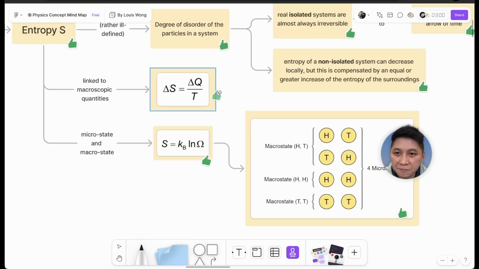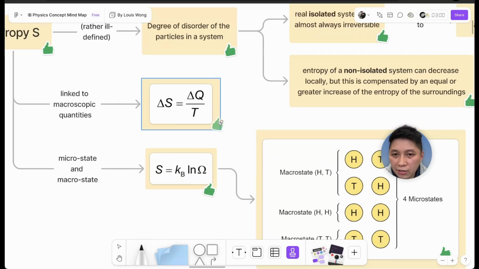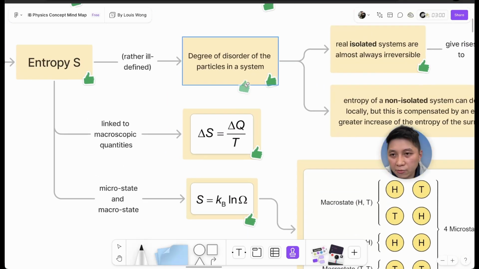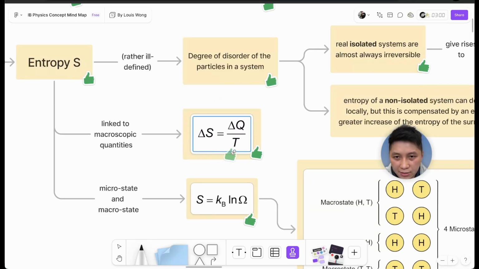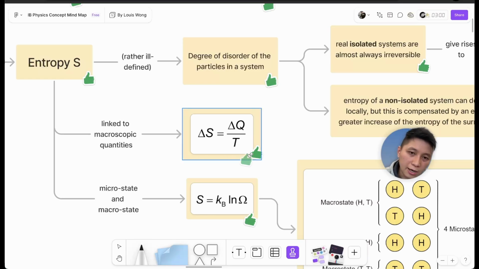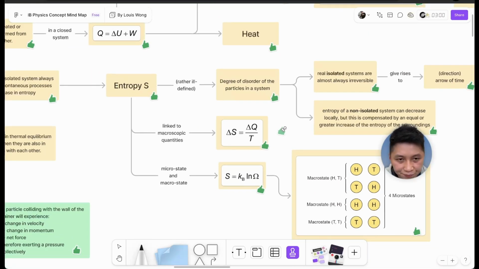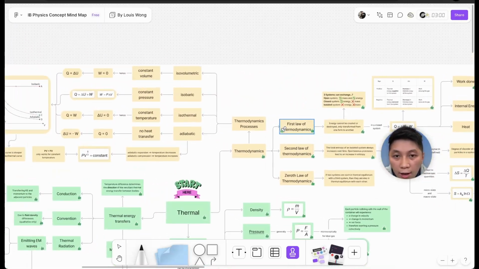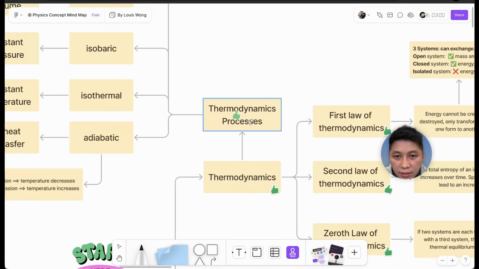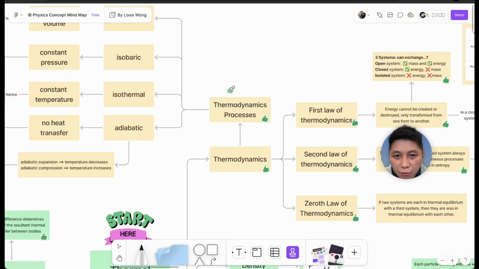So let's see. The other equation that you can use to talk about entropy is this one. Notice that this is a change of entropy, and so this is just more in a microscopic way that you can evaluate it. Now, in the later part of this, we talk about thermodynamic processes.